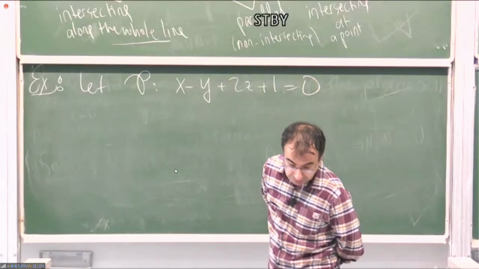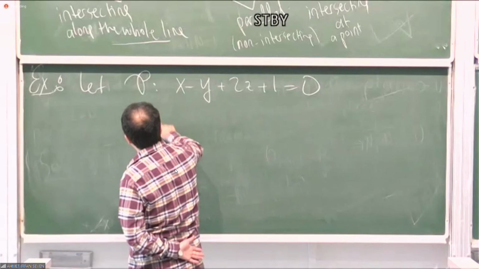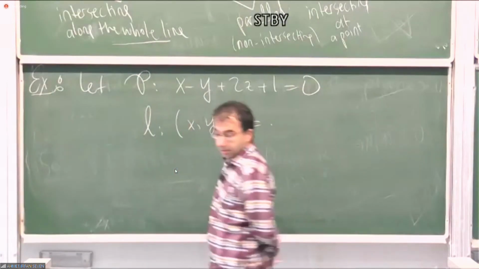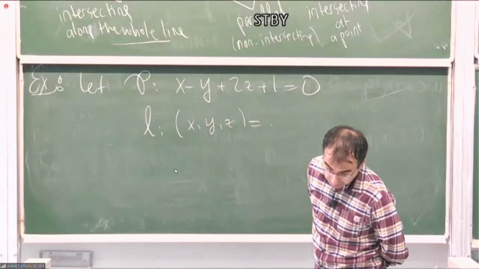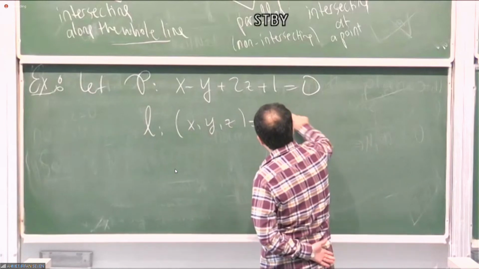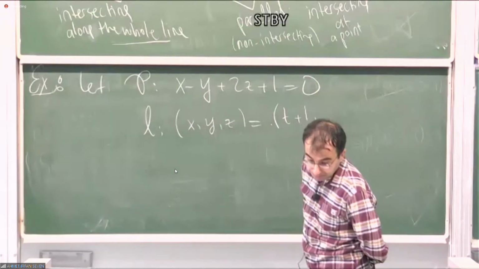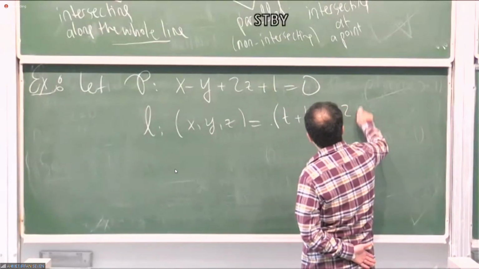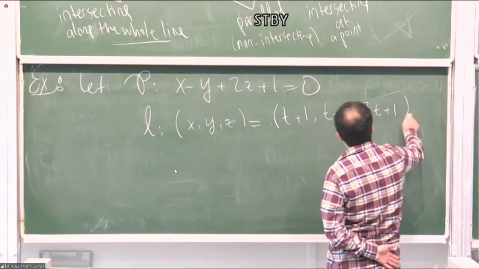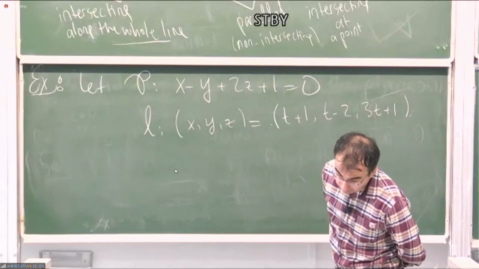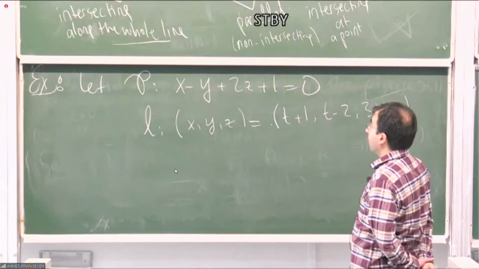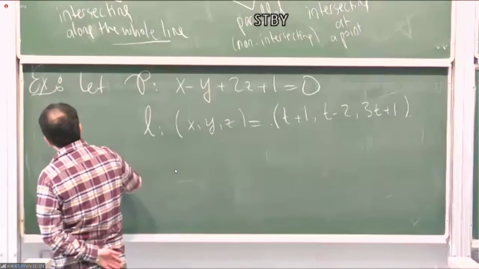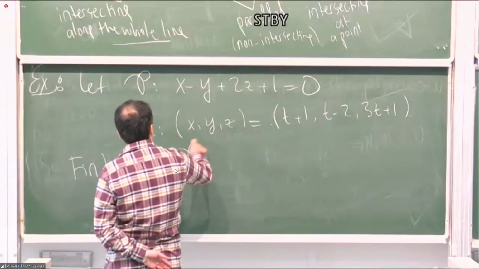And line L, the line given as follows, parametrically, t plus 1, t minus 2, 3t plus 1. Okay. So find the intersection. Find L intersection P.